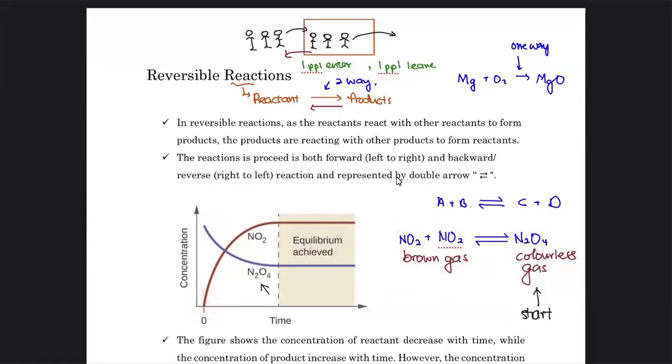Now, during the reactions, which means they started to have time taken, N₂O₄ started to change to NO₂. So you will see the concentration of N₂O₄ started to decrease because N₂O₄ started to be used up.